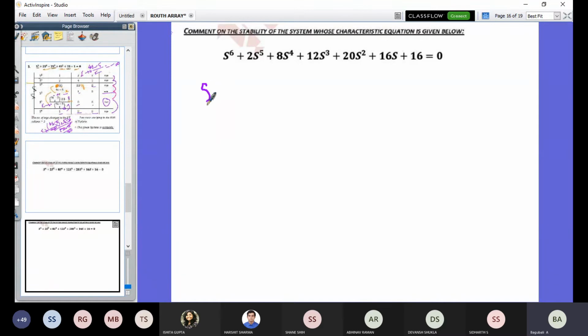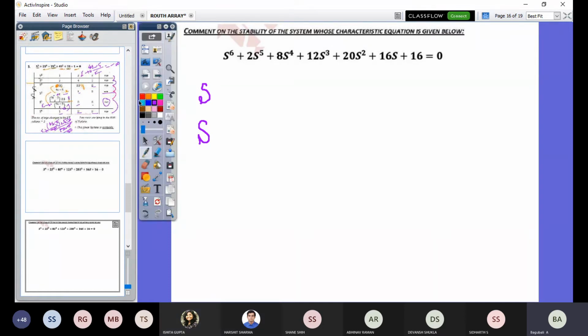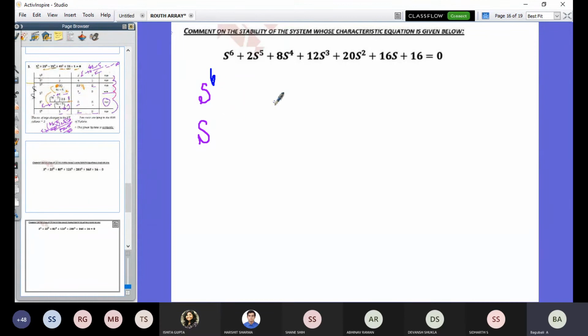What is the highest degree of polynomial here? 6. What are the coefficients? 1, 8, 20 and 16.